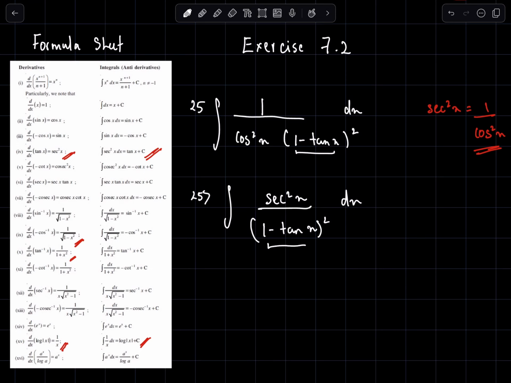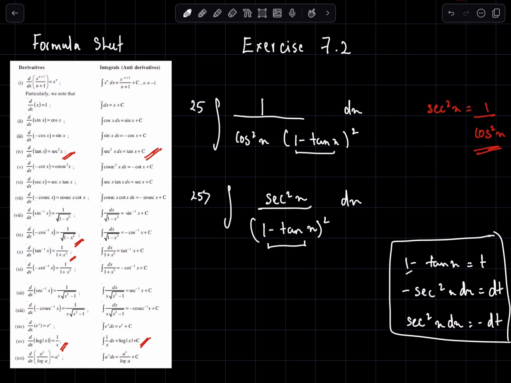Of course, this will be my t. So 1 minus tan x is equal to t. The differential of this is minus secant square x dx is equal to dt. So therefore secant square x dx is equal to minus dt.